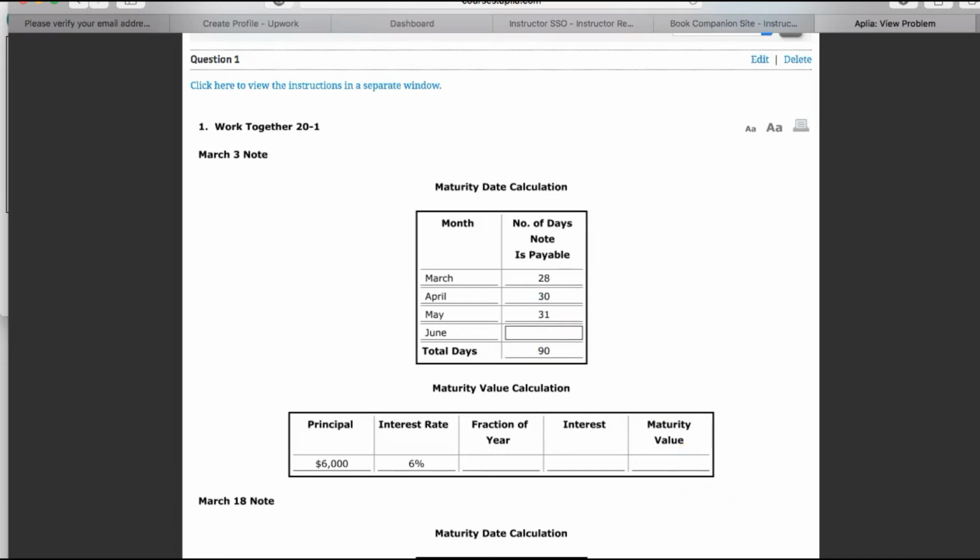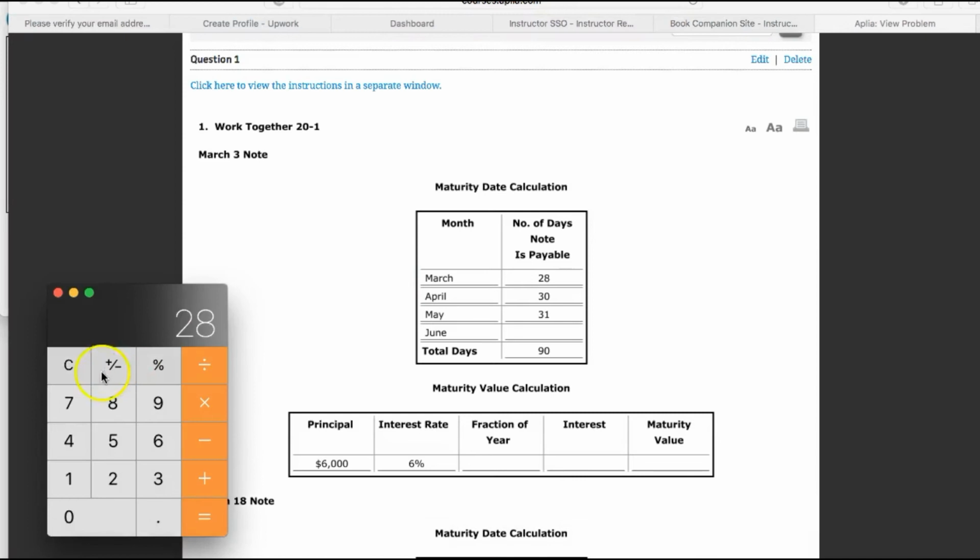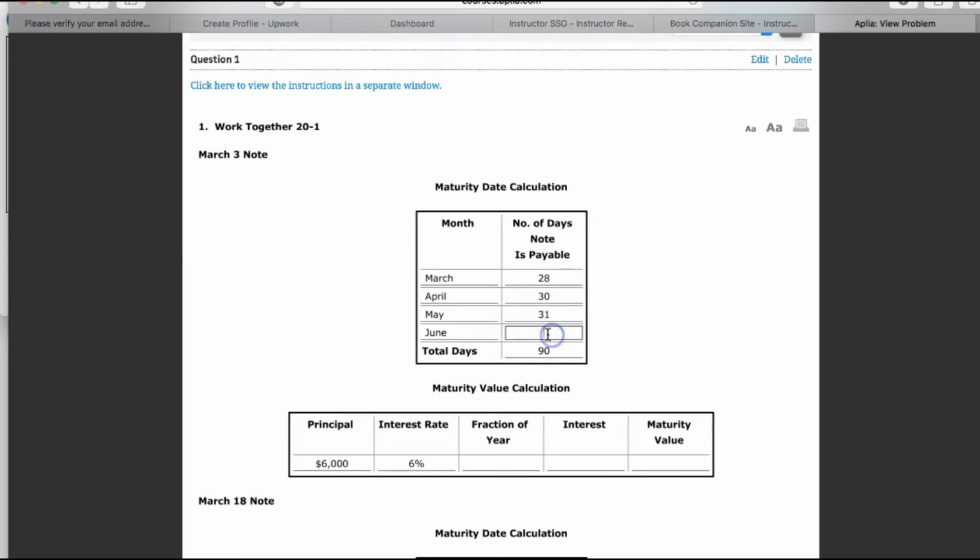Now to figure out our June days, I'm going to do 90 minus 31 for our May, minus 30 for April, and minus 28 for March. That gives us 1 day that we need here.